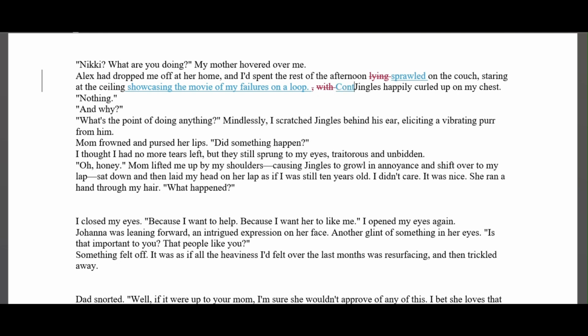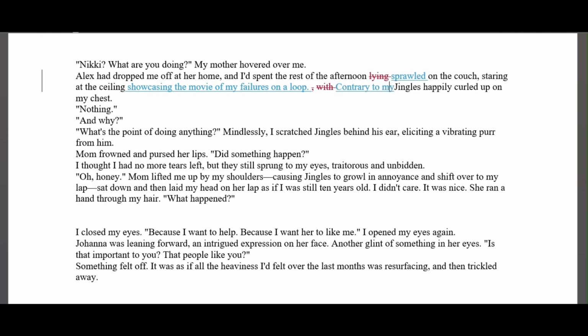So maybe we can have something like, "Contrary to my mood, Jingles had curled up on my chest, purring." Purring contentedly. Well, if he's purring, he's content. That's a cat thing. "Contrary to my mood, Jingles had curled up on my chest, purring." I'm not overly happy with it yet, but it will do for now.